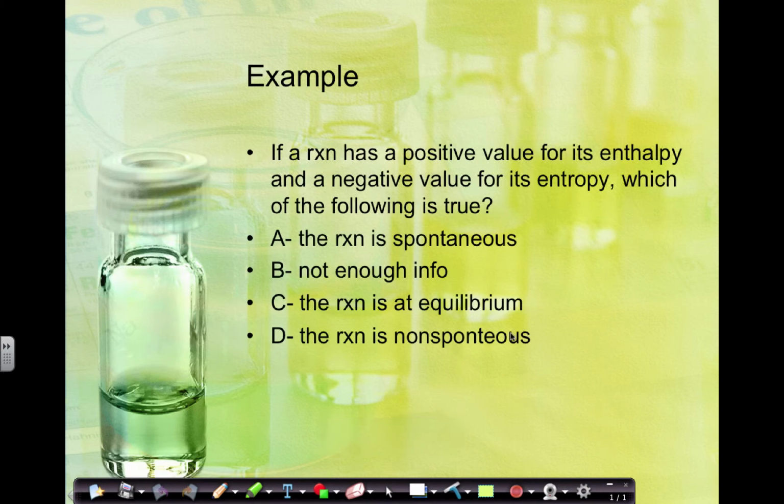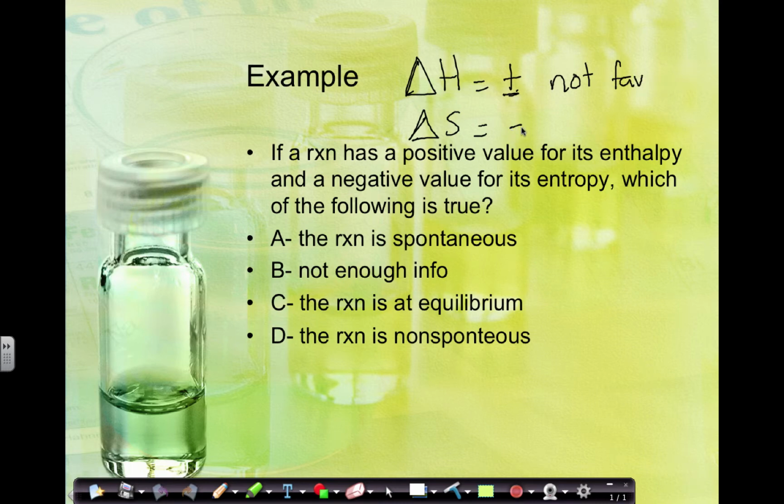All right, so if a reaction has a positive value for enthalpy and a negative value for its entropy, which of the following is true? Okay, so again, I'm going to analyze it. Delta H is positive here, and delta S is negative. So I know that this is an endothermic reaction, which is not favorable.